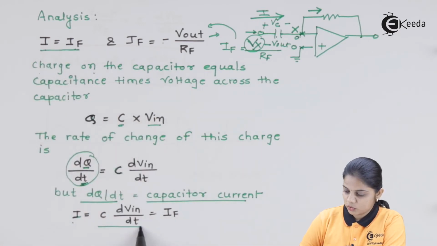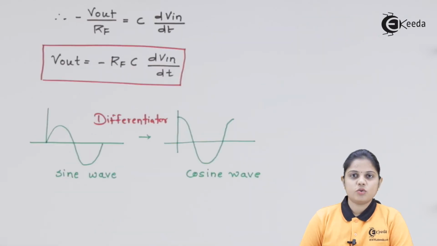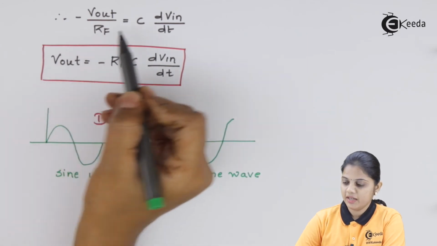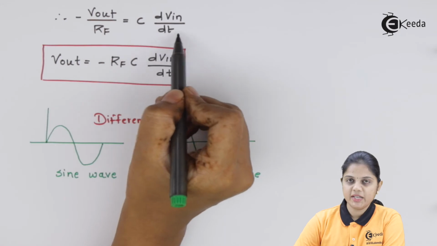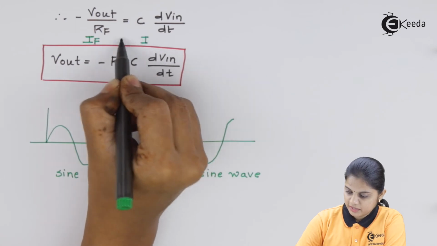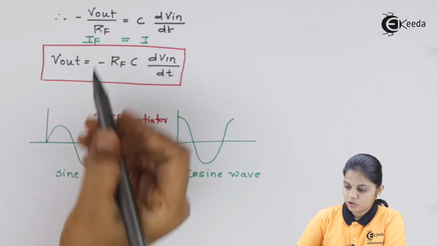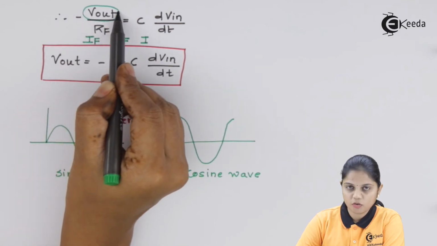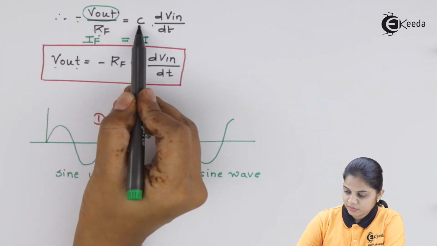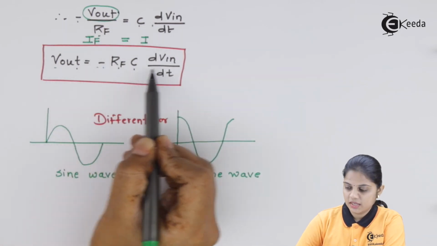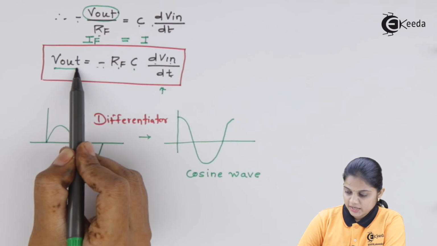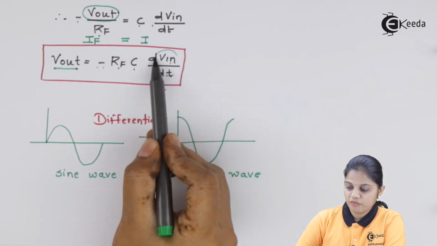So minus Vout by RF is equal to C dVin by dt, where the left side represents IF and the right side represents I. We want to derive the value of Vout, the output voltage, so let's take RF to the other side. You get Vout is equal to minus RF C dVin by dt. From this expression it is clear that the output voltage is proportional to the derivative of the input voltage.